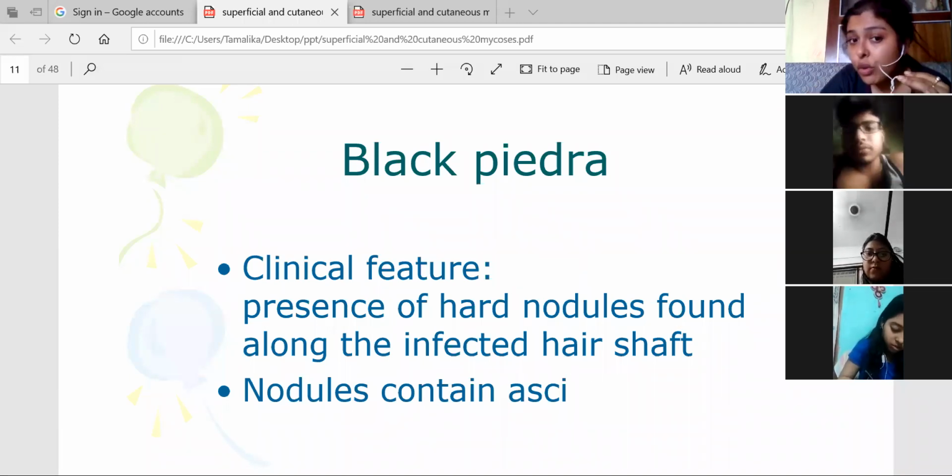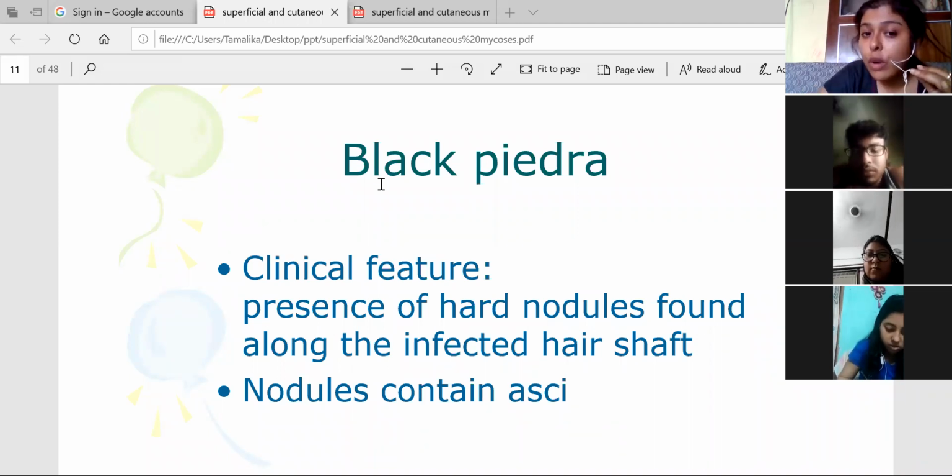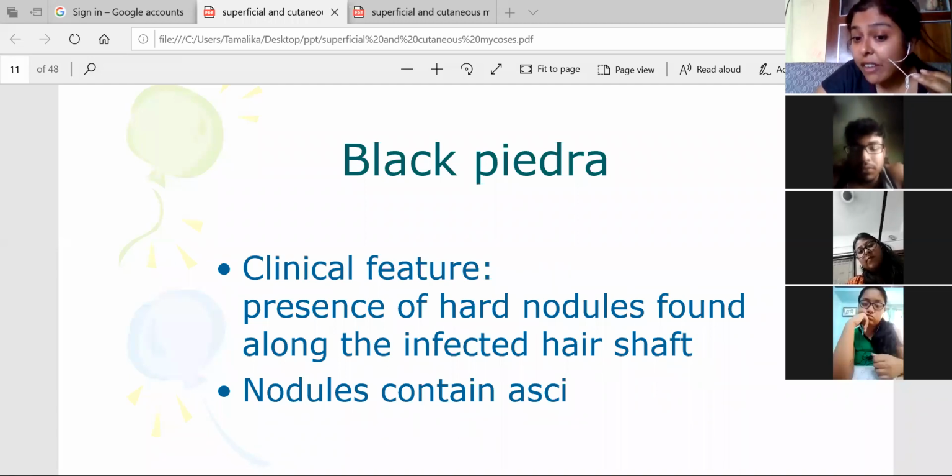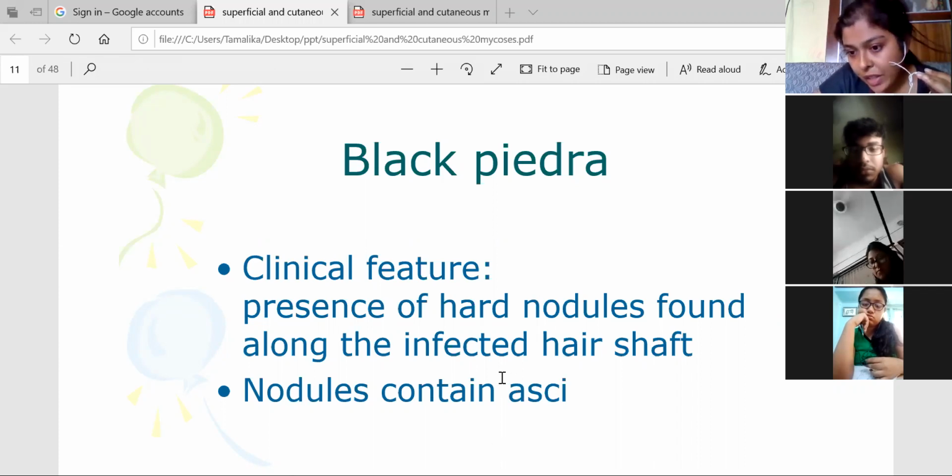You get hard nodules on the hair shaft, and the nodules basically comprise these asci. Since they survive in the form of spores, even in the harshest, stressed conditions they will survive. That is why elimination of the disease is very difficult. Am I clear?